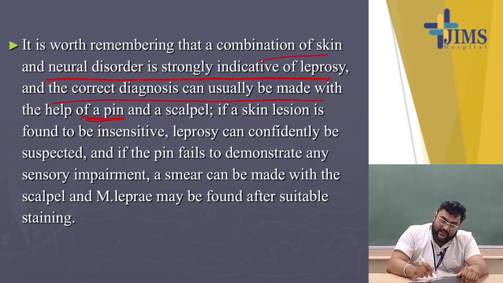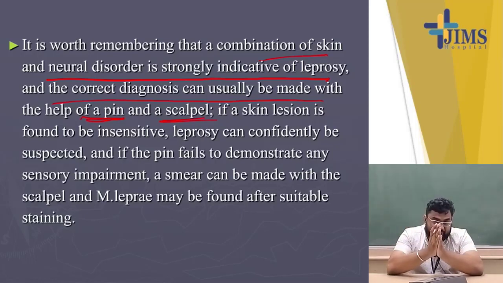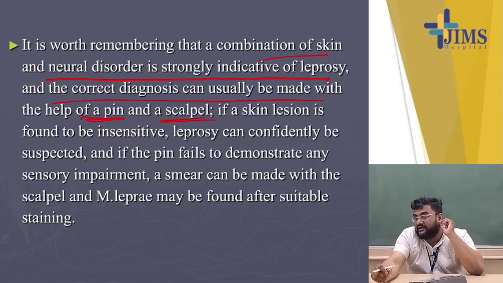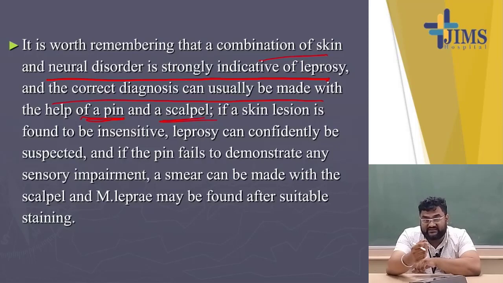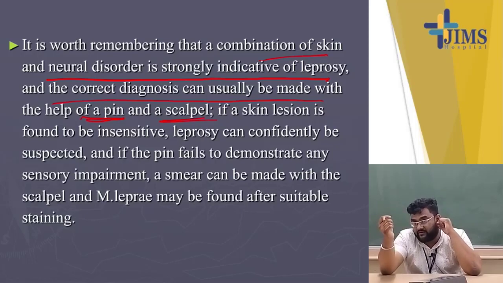Now, why is the scalpel used? The scalpel is used to do the slit skin smear. What is a slit skin smear? We take certain areas of the body, mainly the ear pinna, the forehead, or any of the lesions. First we pinch that area for 20 seconds until it becomes almost white and is drained of blood.